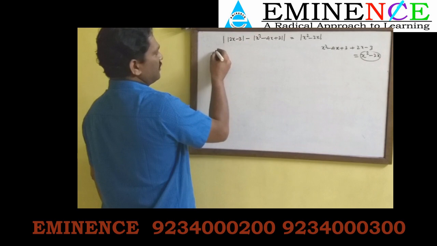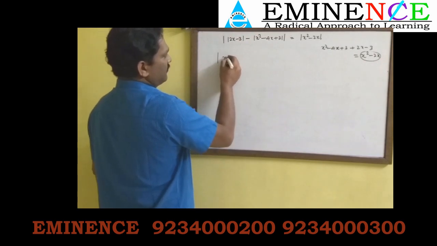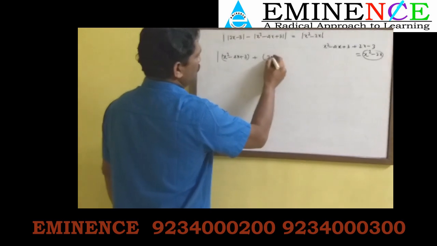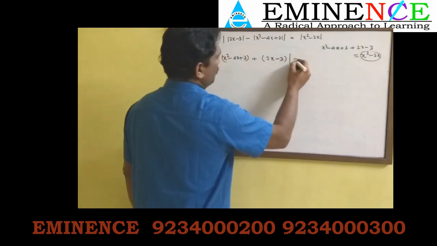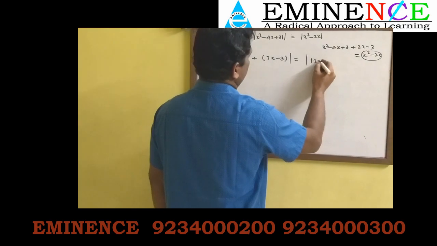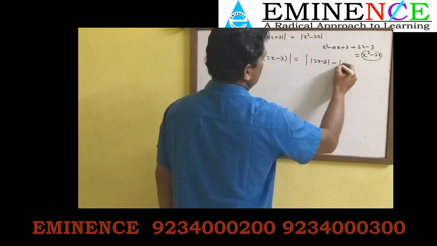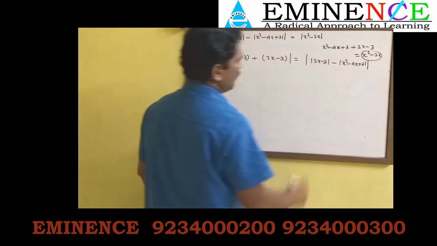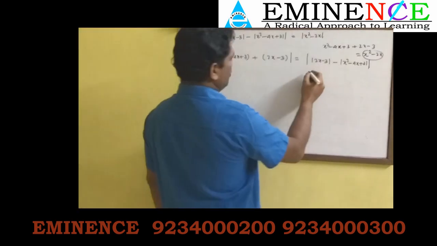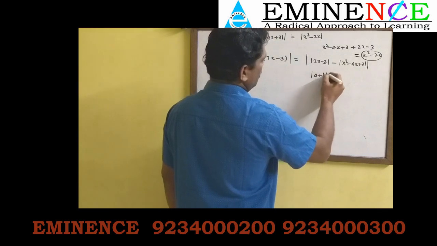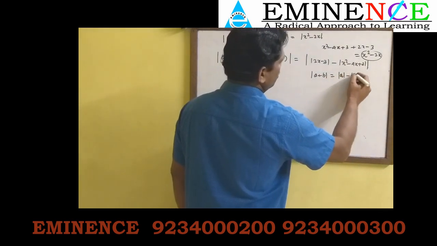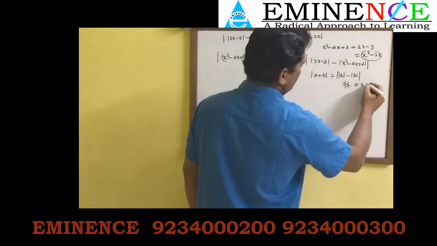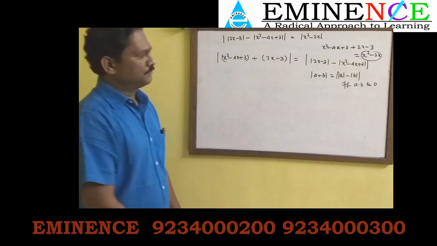I will rewrite the equation as x square minus 4x plus 3 plus 2x minus 3 is equal to modulus of 2x minus 3 minus modulus of x square minus 4x plus 3. Now, modulus of a plus b is equal to mod a minus mod b if and only if a into b is less than or equal to 0.